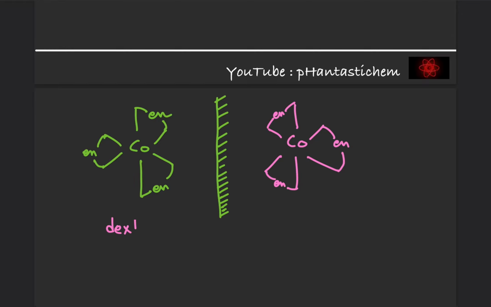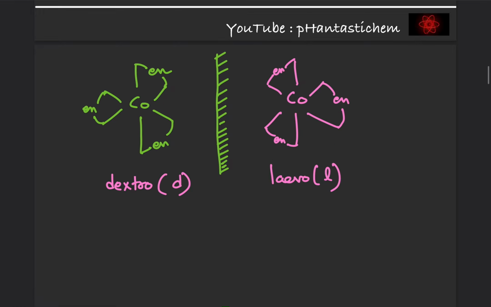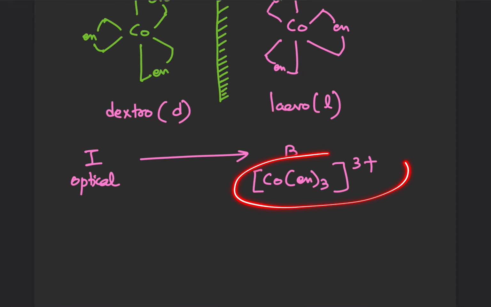You can say this is the dextro form, although that should be determined experimentally depending upon which direction they rotate the plane polarized light. Let's say this is the levo one, with the symbol L. So therefore, first, that is optical, is matched to B, the complex Co(en)3 3+, or we can say that this particular complex can show optical isomerism.